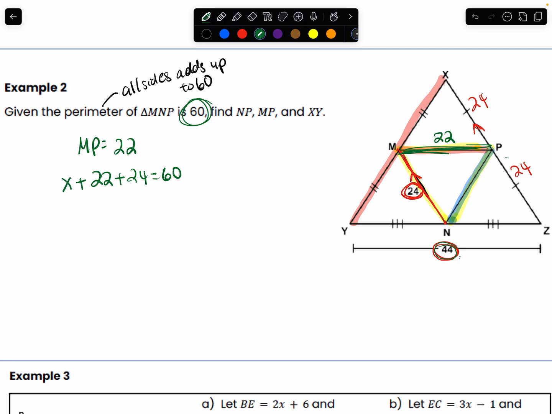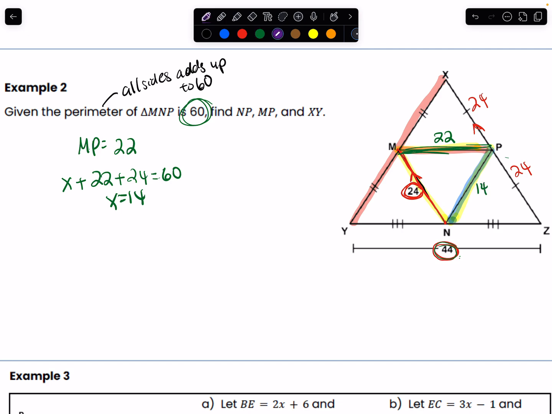Now, in order to figure out x, I will just go ahead and take my calculator. I'm going to do 60 minus 22 minus 24. This will give me my x, or my NP here, as the value of 14. So I'm going to go ahead and label this right here, 14.